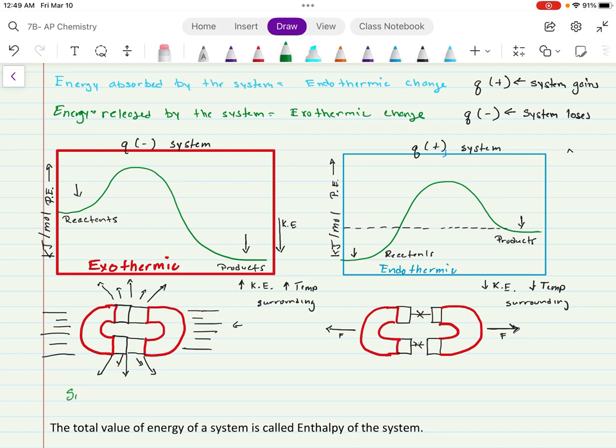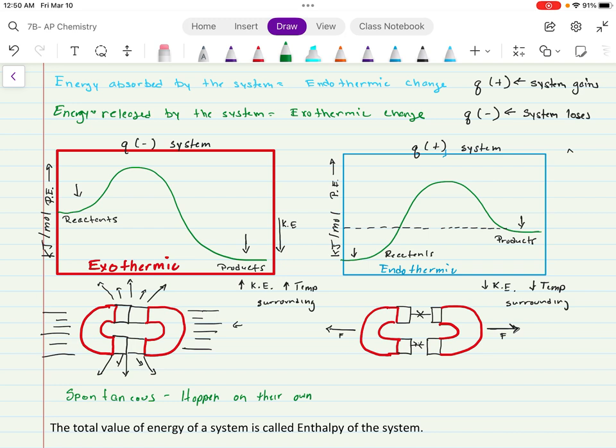We call these spontaneous. What that means is they happen on their own, with no outside energy, right? So you have these two magnets, they're racing towards one another because they have that attractive force. And then when they snap together, the energy released is considered exothermic. So that's kind of an analogy of what we see here with an exothermic reaction.